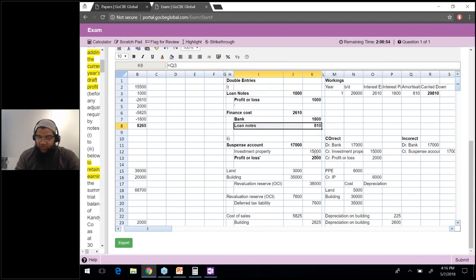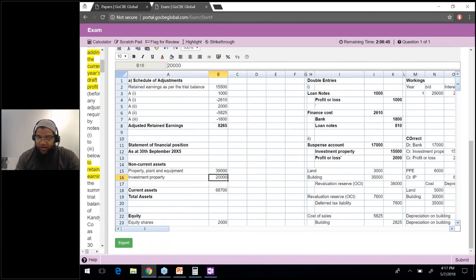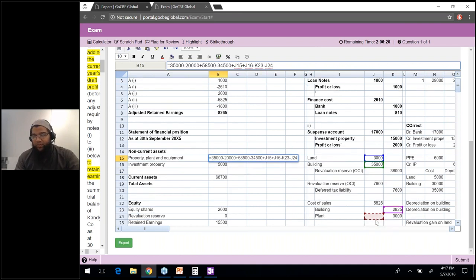Now we have to incorporate the investment property minus 15,000. So let's move on to the investment property, write equals to so that the calculator basically starts, and then minus 15,000. So the investment property is basically 5,000. And then we have to debit the land by 5,000. So plus the 3,000 land debit plus 35,000 building debit minus 2,825 for the depreciation of building and minus 3,000 for the depreciation of plant.